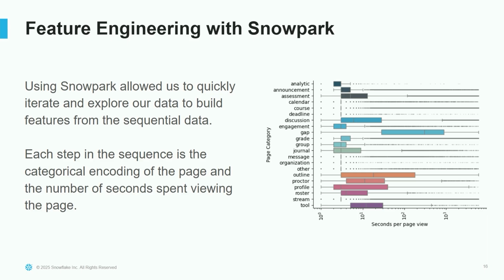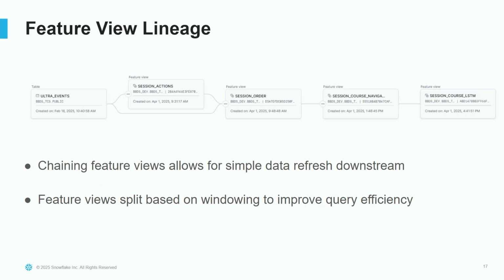So we were able to take all of this data, at this very granular level, and transform it using Snowpark. And to that end, we are able to chain those feature views together to allow for simple data refresh downstream. If you haven't used dynamic tables or the feature view functionality in Snowflake ML, it allows you to specify how frequently you want them to be refreshed.